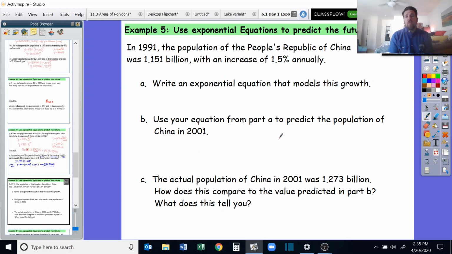Second, use that equation to tell me what the population would be in 2001. And then we actually give you the real population in 2001, which was 1.273 billion. We'll talk about why those might not be exactly the same. Take a moment and pause the video and try this one on your own.